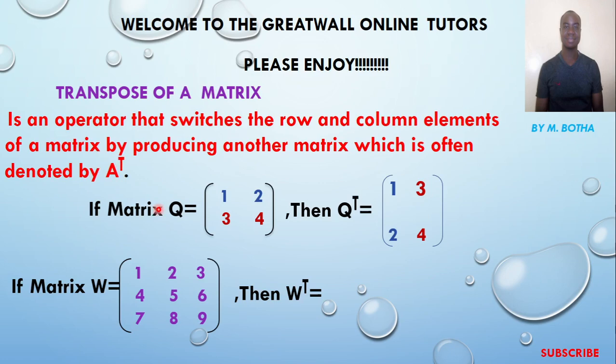Any letter can be used to denote a matrix. In this case we used Q, and here we have used W, right? Good. So the transpose of this matrix will be 1, 4, 7, 2, 5, 8, 3, 6, 9. Those will be the elements of the transpose matrix.